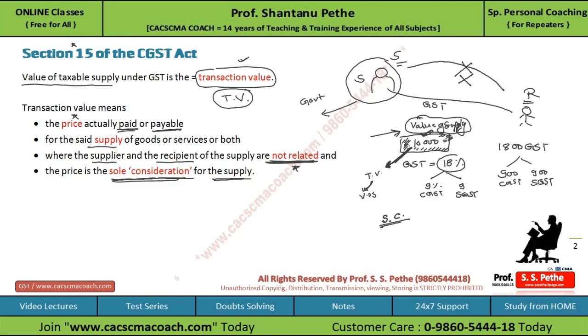That means there is no other consideration flowing to the supplier for the supply. In short, the supplier is getting 10,000 rupees for such supply of goods or services and is not getting any additional benefit from the recipient, so we can say that this 10,000 rupees of price is the sole consideration for this supply.